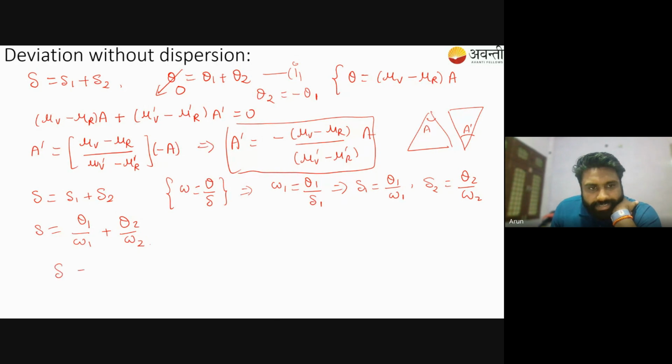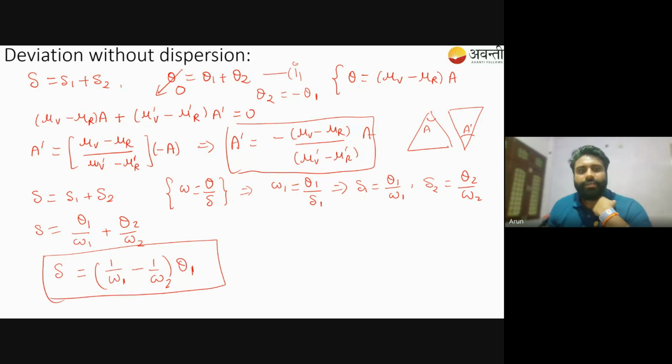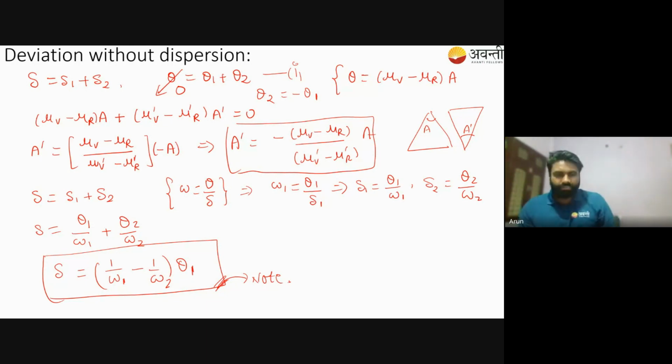So you will have delta is equal to 1 upon omega 1 minus 1 upon omega 2 into theta 1. So this is the final formula to note. I hope you got this.